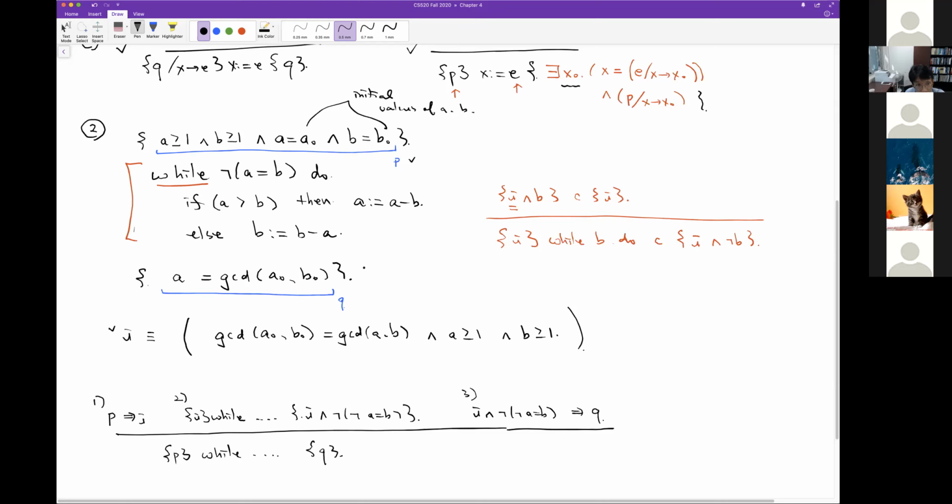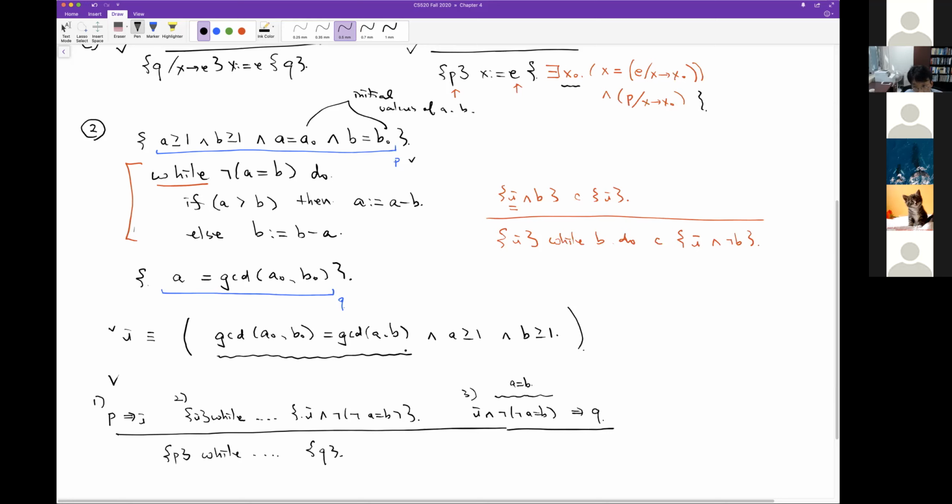And then part 3, say that if I and the negation of A is not equal to B, this means A is equal to B. So what does this tell us? We have an invariant, and in particular, one part of the invariant tells us the greatest common divisor of A0, B0 is equal to the greatest common divisor of A and B. Furthermore, we know that A and B are the same.